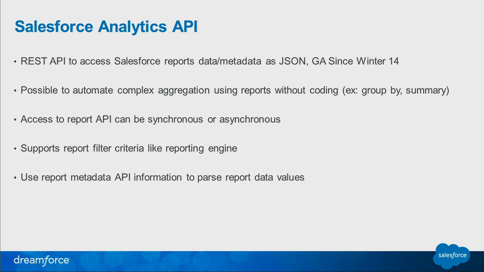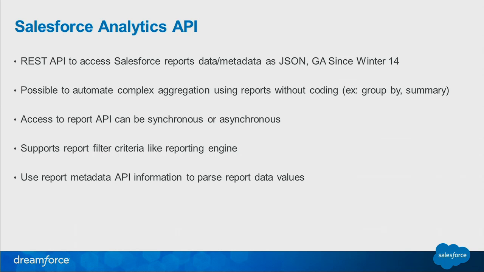So if you want to do some visualization, or some integration of this data, this is the only option you have. More intuitively, if you think about a report, what you are doing in a report is group by and some complex aggregations. These are things you can try to automate with a report.